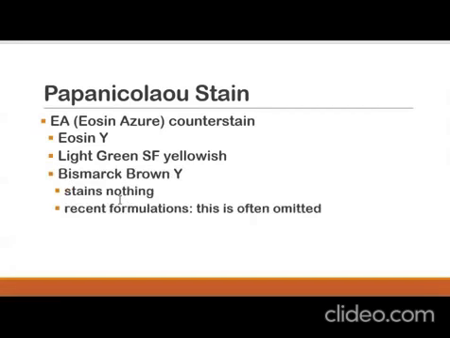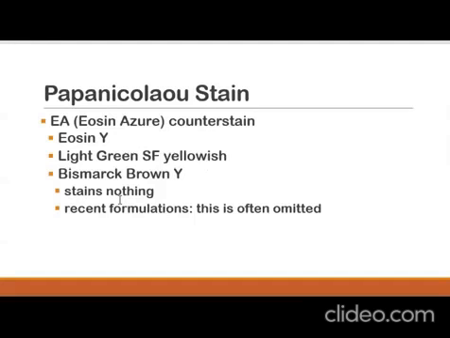So this one, as I've said a while ago, since it is incompatible with the phosphotungstic acid, it is often omitted in the formulation. But another reason why it is omitted is because it is useless. Why? Because it does not stain anything in the smear.